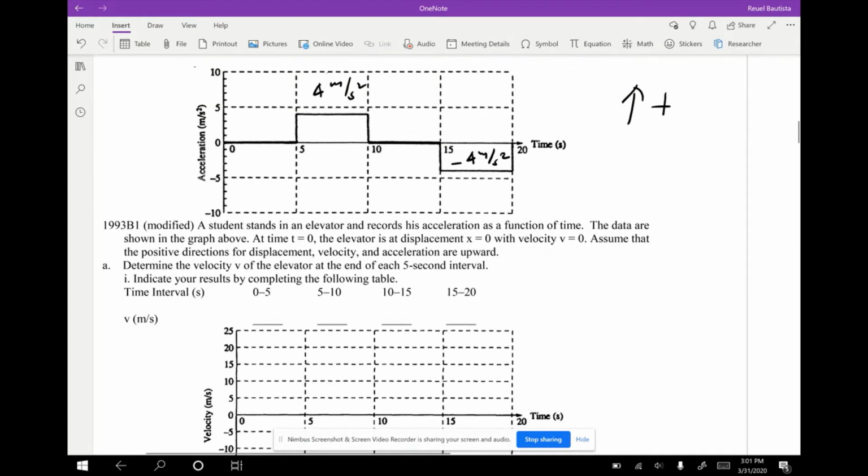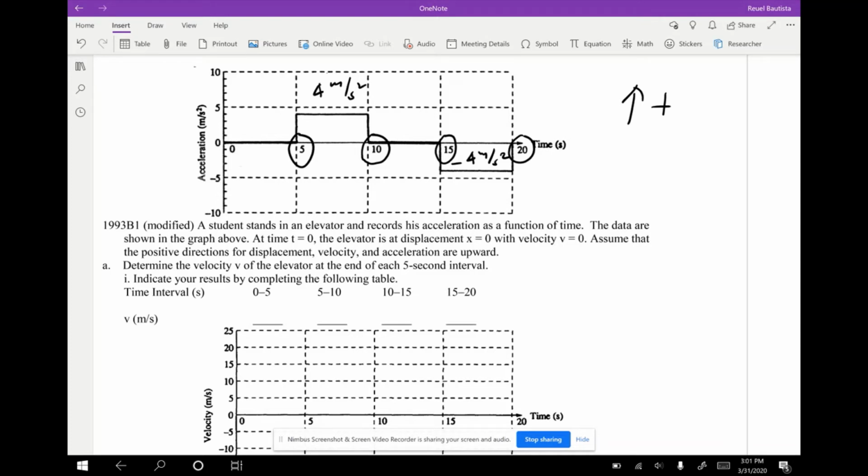So 0 to 5 is going to be the easiest one. From 0 to 5 seconds, we know the acceleration based on this graph is 0 meters per second squared. So the acceleration is 0, meaning we're going to have a constant velocity. We also know that the velocity at 0 seconds, our starting velocity, is 0.